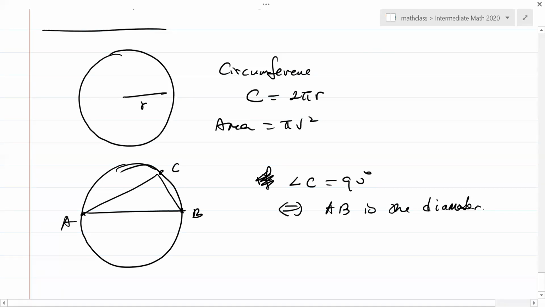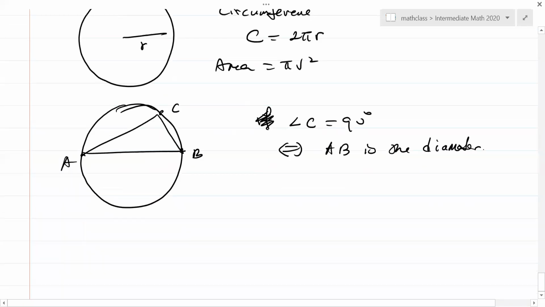What do you mean, if and only if? If C is 90 degrees, then it's a right triangle. If it's a right triangle, then AB must be the diameter. And conversely, if it's the diameter, then the angle at C is going to be 90 degrees.